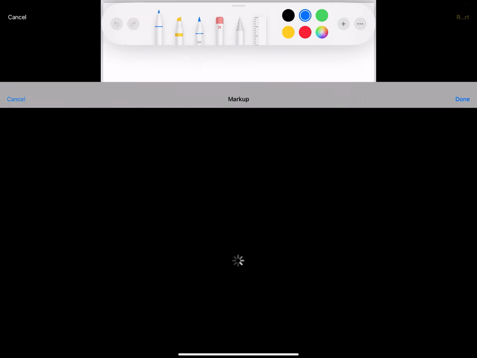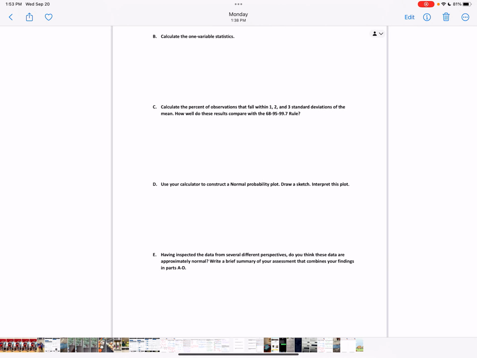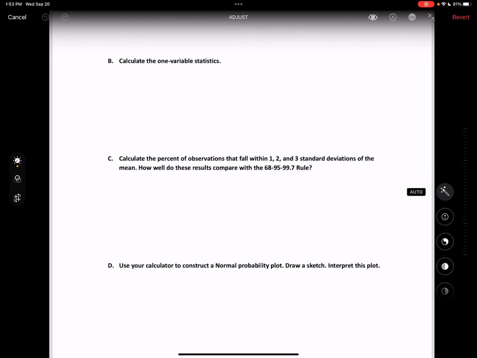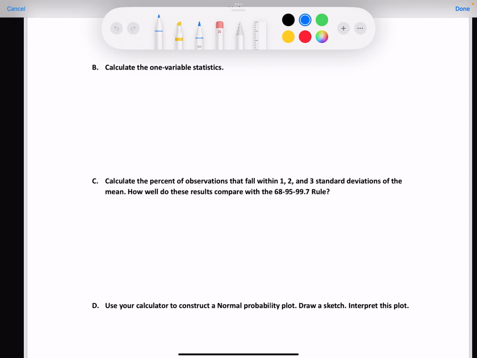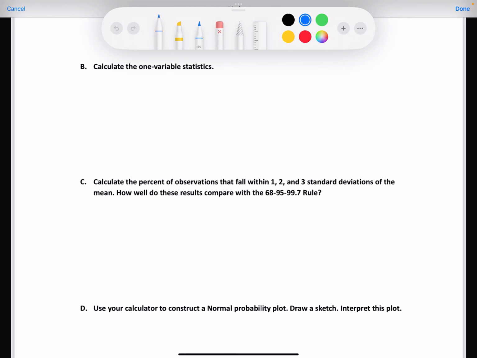All right, so then part B uses this. Or, well, I guess this whole next page does. Calculate the one variable statistics. And you could test for outliers here too. We don't really need to necessarily, but we can.